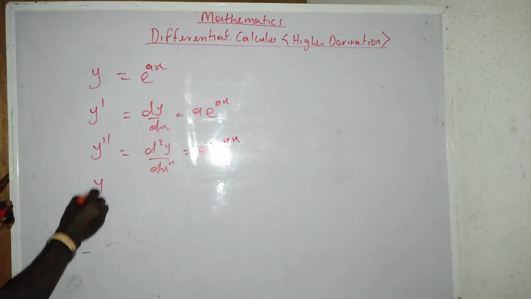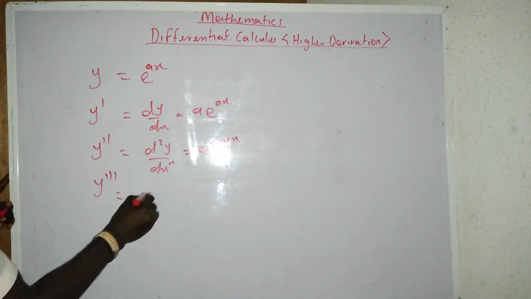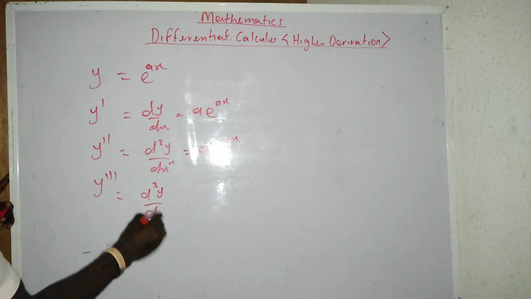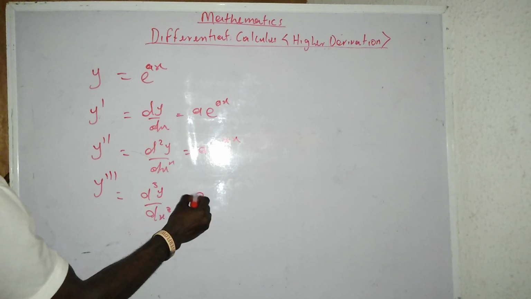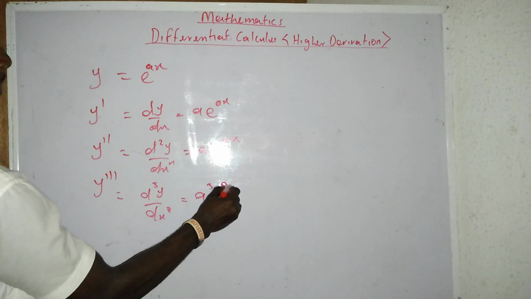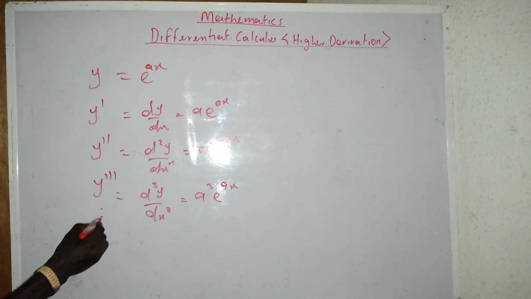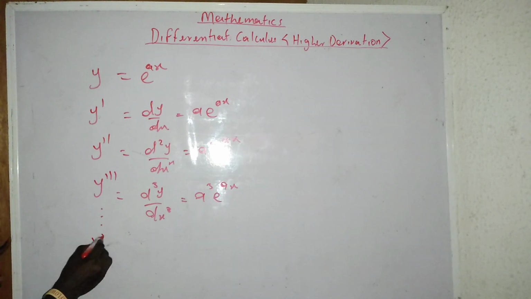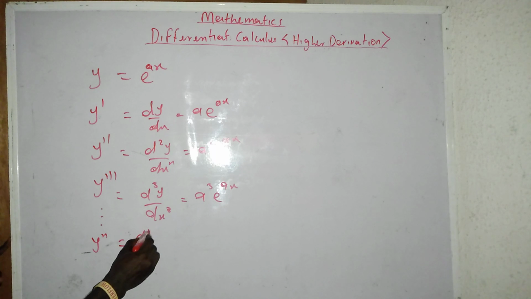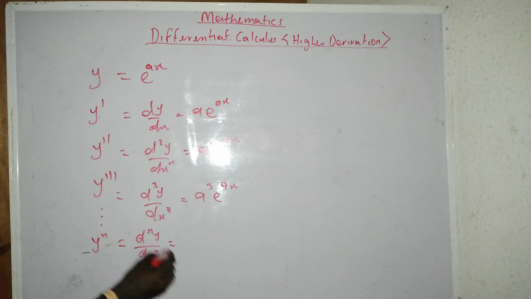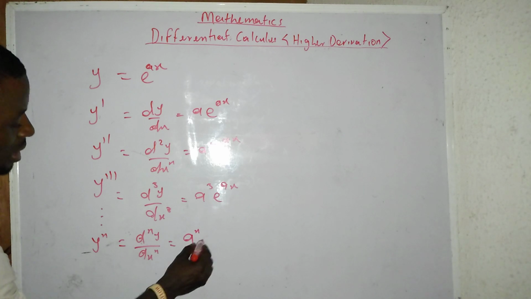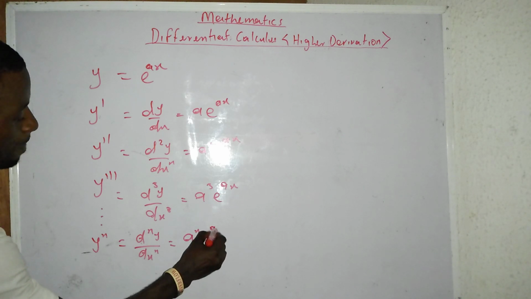If I have the third, it will be d cubed y, which is the same thing as a cubed e raised to the power a x. Now, I can run to the nth, which can be written as a to the n e raised to the power a x.